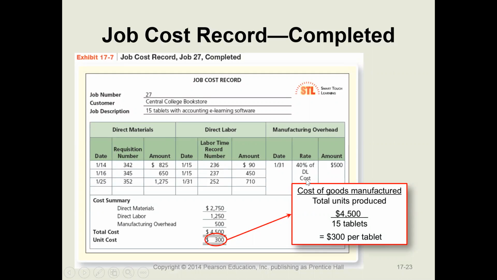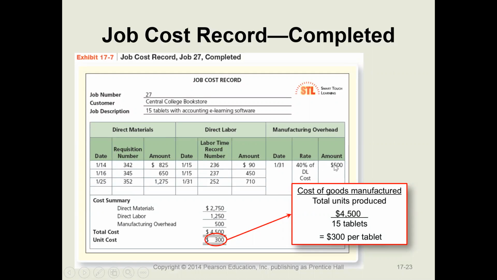Direct materials is the total of all the materials used, $2,750. Direct labor is all the labor used. This comes off of time cards or time sheets, $1,250.